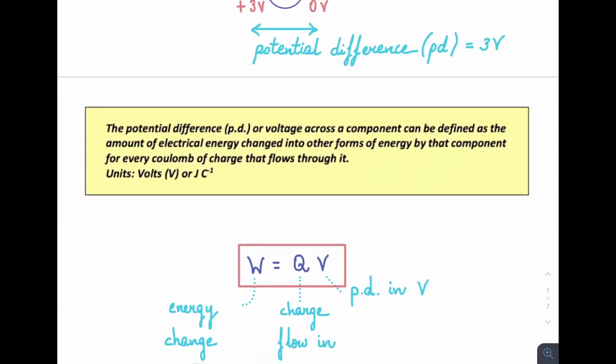The potential difference or voltage across a component can be defined as the amount of electrical energy changed into other forms of energy by that component for every coulomb of charge that flows through it. Electric current always flows from a point of high potential to a point of low potential.